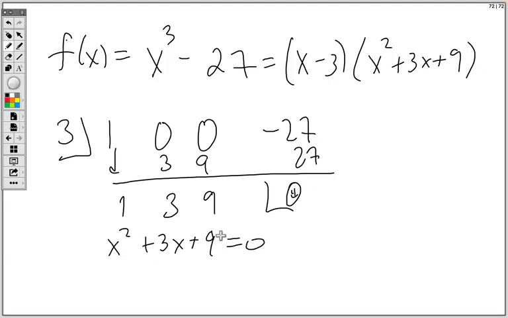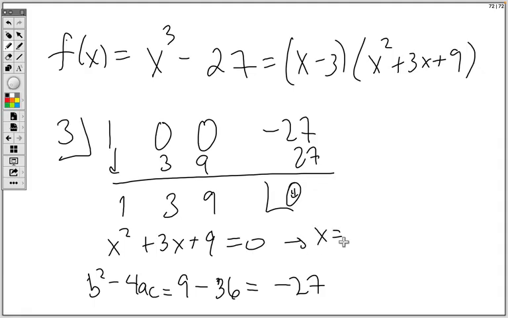Now, this polynomial that's left over doesn't have any real number solutions, but it does have two complex number solutions, two complex conjugates. I can go through and actually find these. If I look at the discriminant, b squared minus 4ac, that would be 3 squared minus 4 times 9 times 1, so 36. So that gets me to minus 27. And so x would be negative 3 plus or minus the square root of negative 27, all over 2.